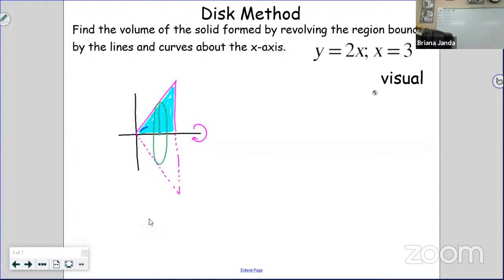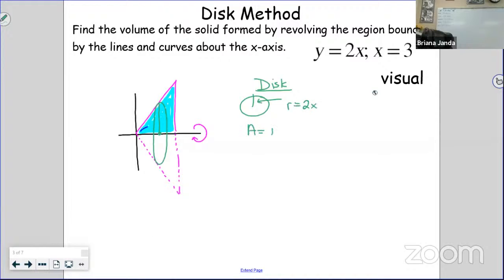My radius will go from my axis of revolution out to my function. Looking at just a singular disk, our radius goes from 0 up to our function, which is just a length of 2x.